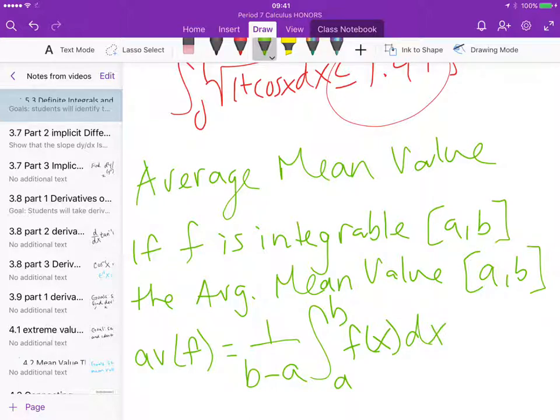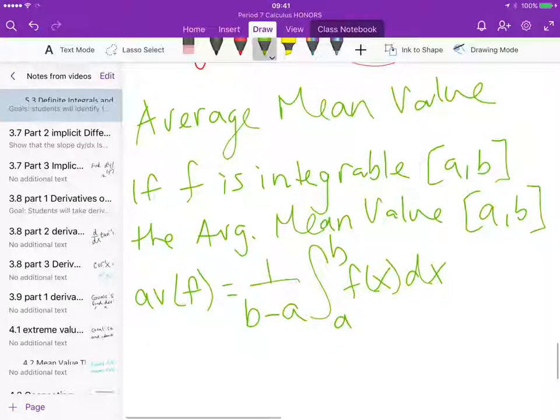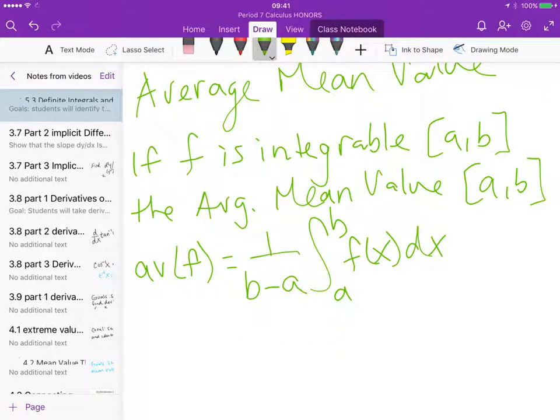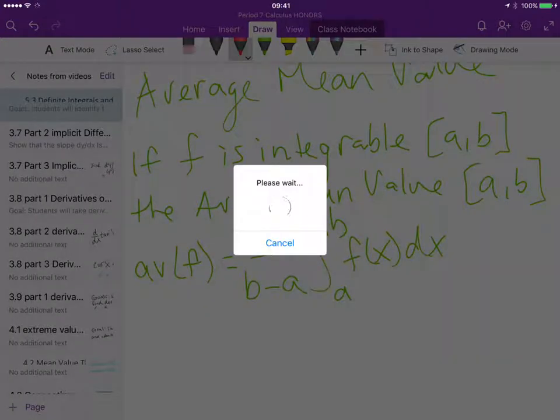This is going to find us the average value on the interval from a to b. And the best way to look at this is to take a look at an example first and foremost.